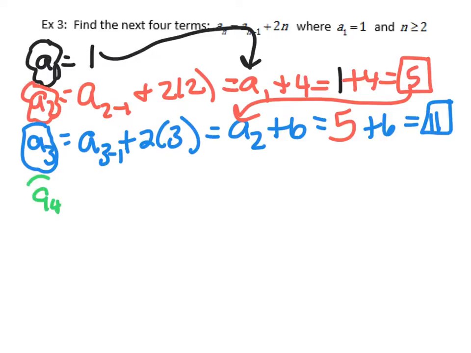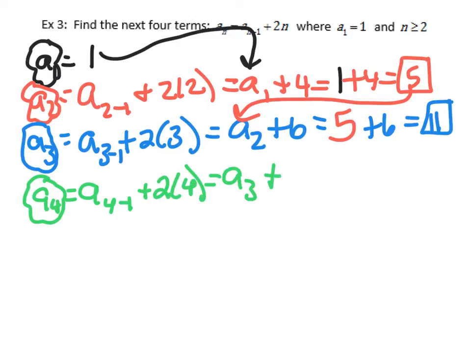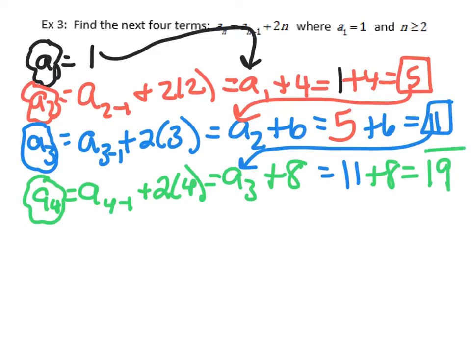Fourth term, a sub 4 minus 1 plus 2 times 4. That's a sub 3 plus 8. And we already know that our third term was 11, plus 8 gives me 19.